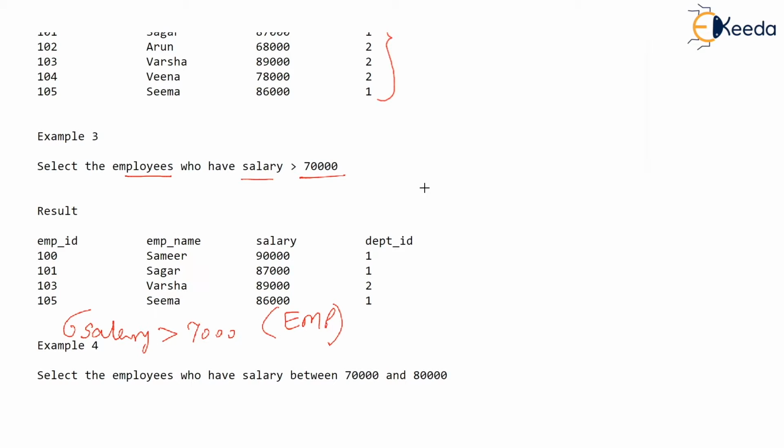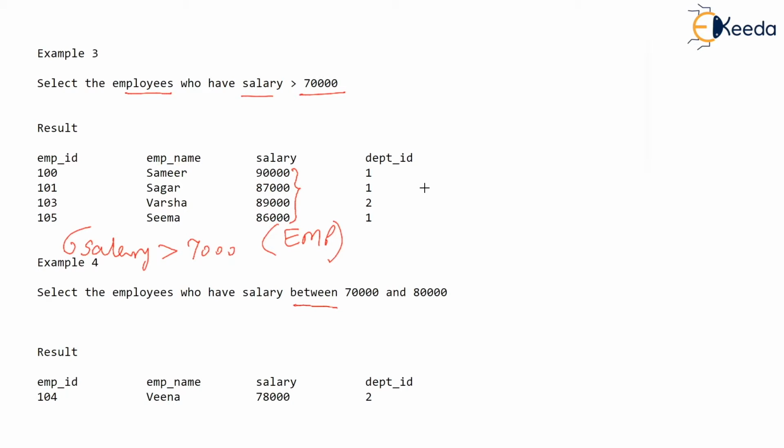As another example, we want to select employees whose salary is between 70,000 and 80,000. That means salary has to be greater than or equal to 70,000 and less than or equal to 80,000, both inclusive, because it is written between 70,000 and 80,000.